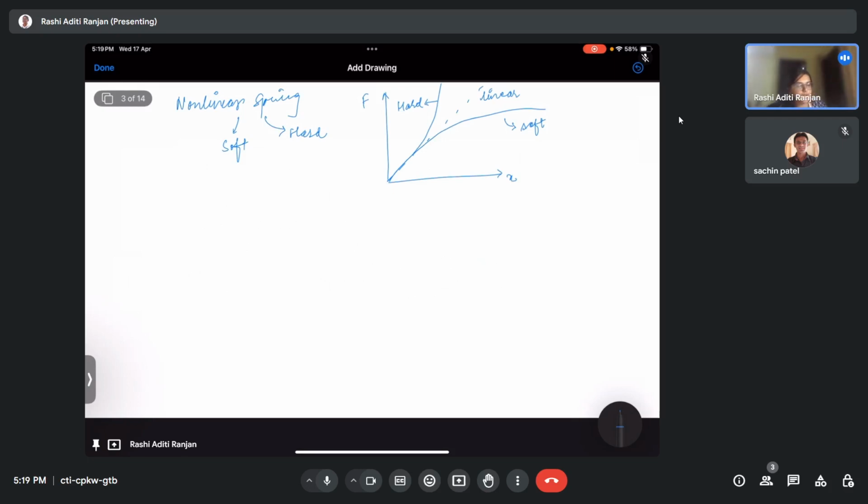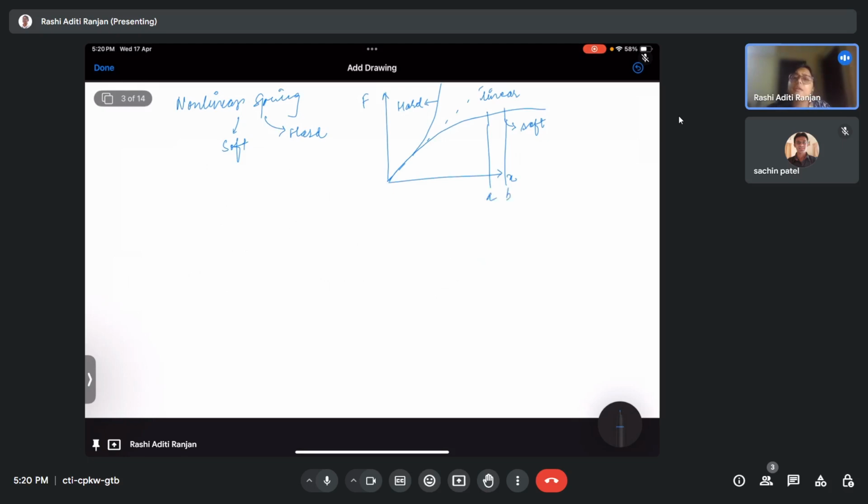If you see over here that after this, the force that is required for this amount of deformation is very less because the line is almost horizontal. So the force required to further deform the spring from some position A to B is very less.